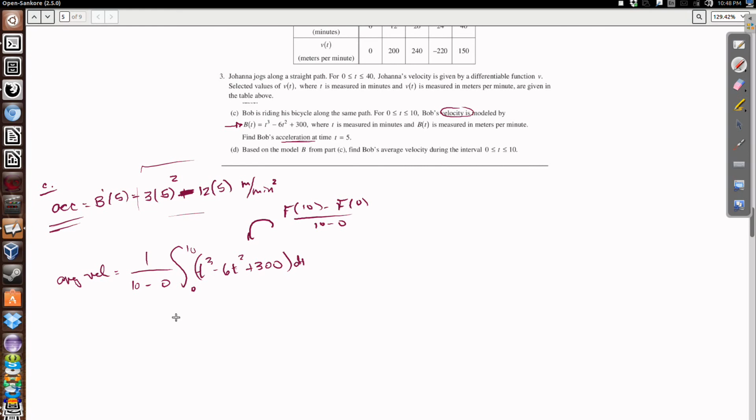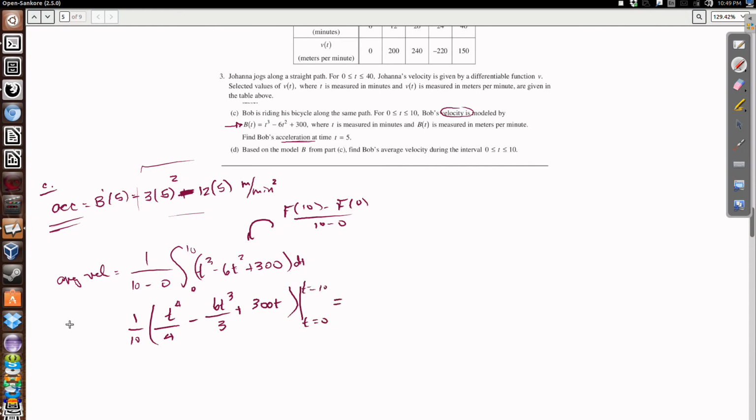So the antiderivative of this is going to be t to the 4th over 4 minus, this is going to be 6t cubed over 3 plus 300t. And no, I'm not going to simplify this. The only thing I'm going to do is put this 1/10 out in front, and I'm going to evaluate it from t equals 0 to t equals 10, and I'm going to substitute.